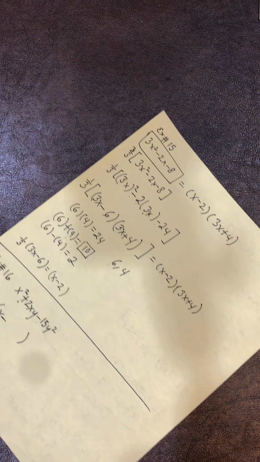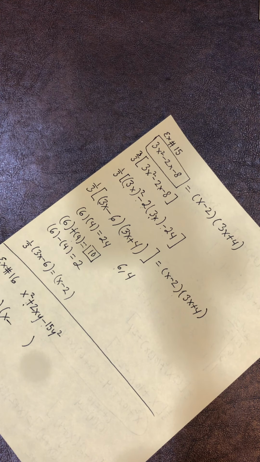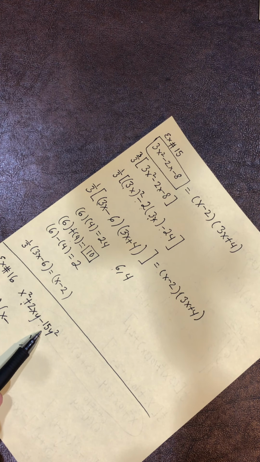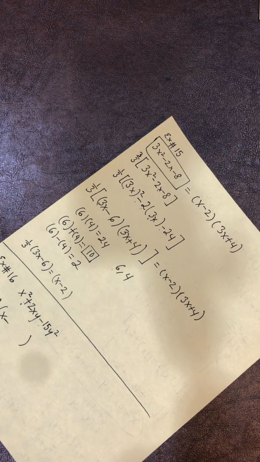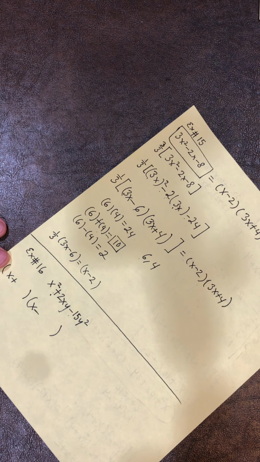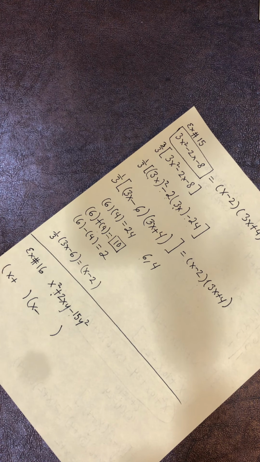And now the question is, I'm looking for two numbers that when I multiply them together, I get 15y squared. But when I add them together, I get 2y. Does that make sense? So, let's see.